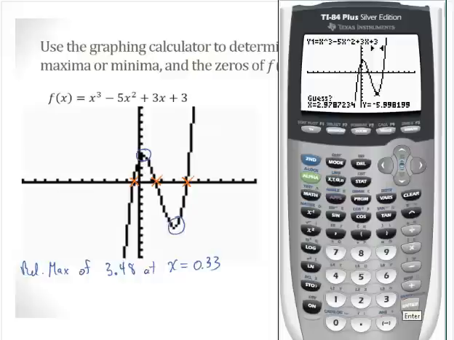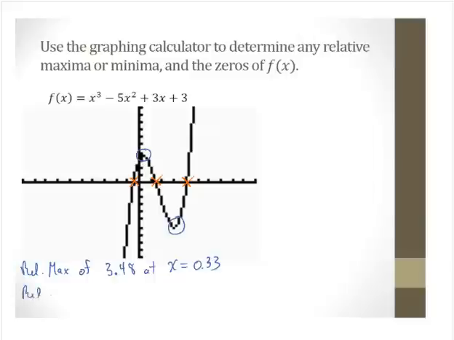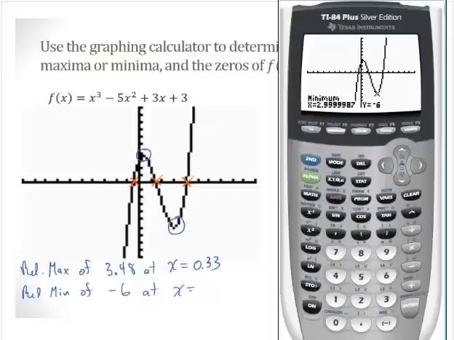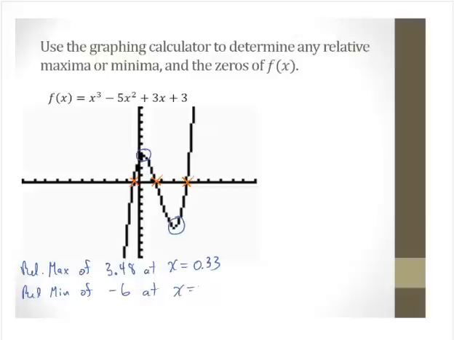Hit enter a third time. And the minimum appears to be exactly 3, -6. So a relative min of -6 at x equals, what was it, 3? Yeah, 3. 2.99999, that's 3.